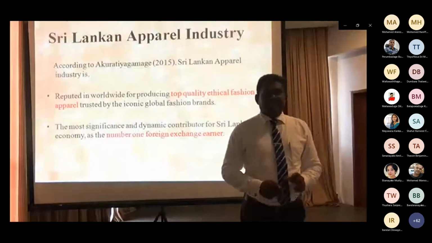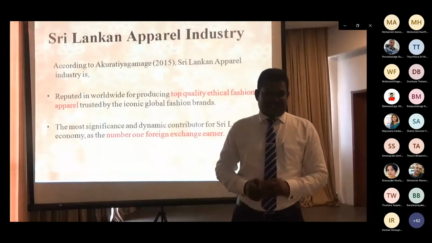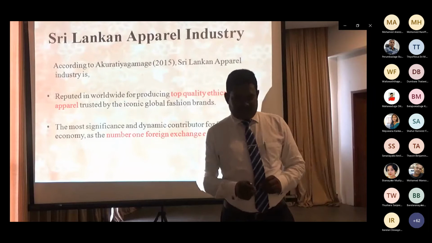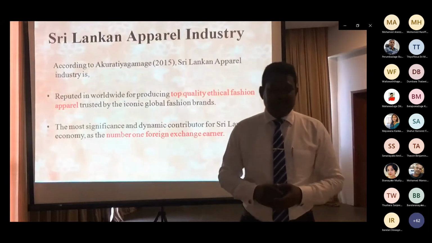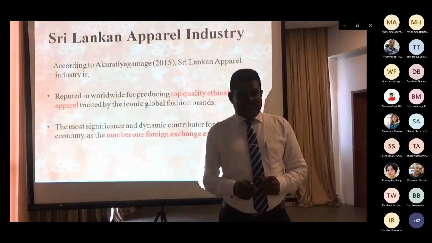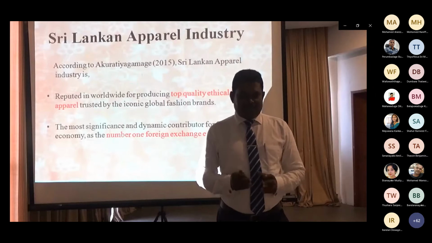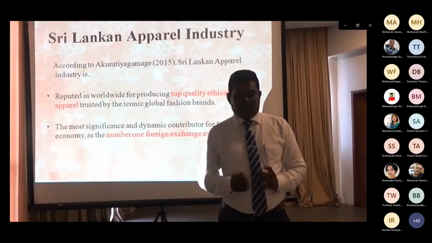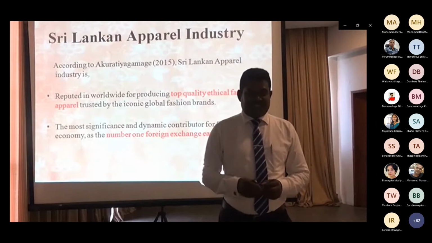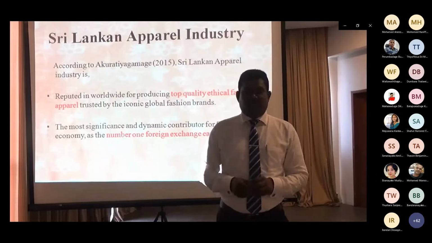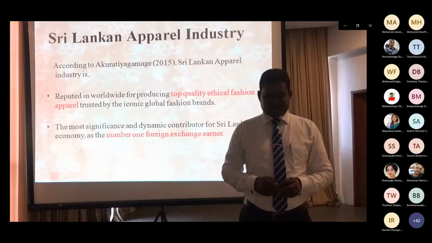Introduction, Sri Lanka apparel industry. According to Akurate Gamage 2015, the Sri Lankan apparel industry is reputed worldwide for producing top quality ethical fashion apparel trusted by the iconic global fashion brands.